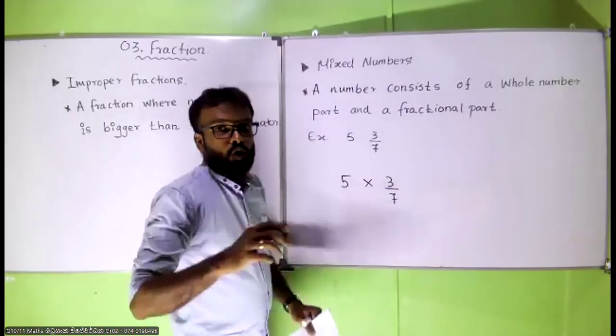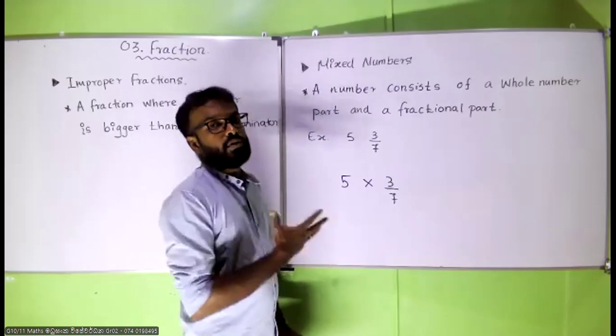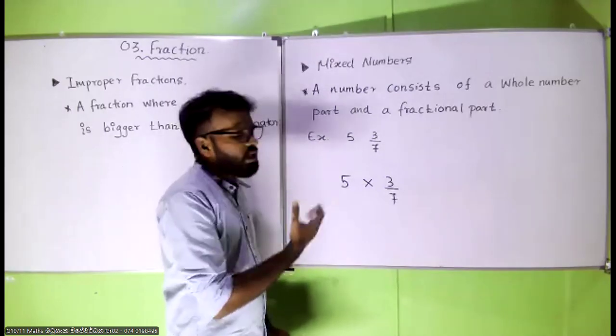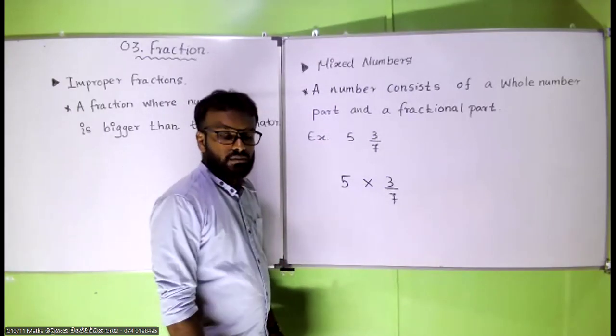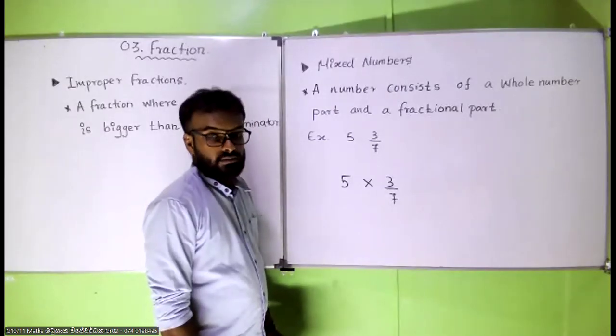You guys will get the wrong idea about fractions. When you are reading a mixed number, if you say 5 times 3/7, it is totally wrong. That's not the correct thing.